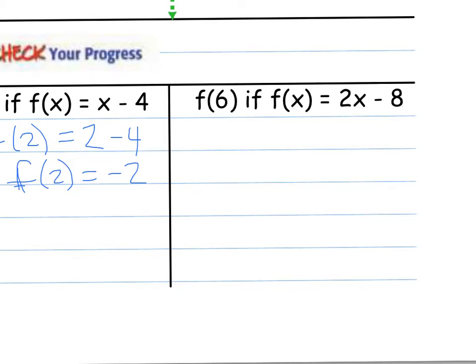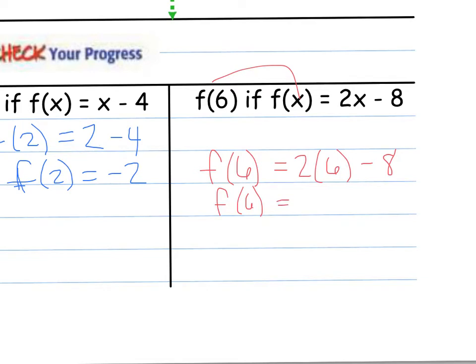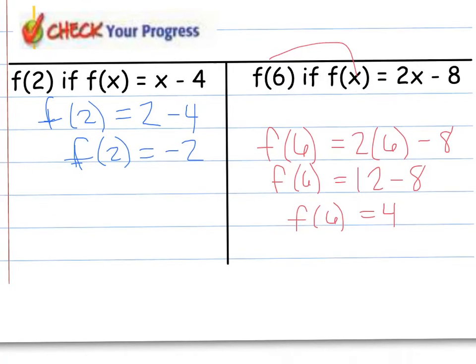On the right, we're going to replace x with 6. So 2 times 6 instead of x, then minus 8. 2 times 6 is 12, then minus 8. So the function when x is 6 is 4. Hopefully that's not too bad for you.